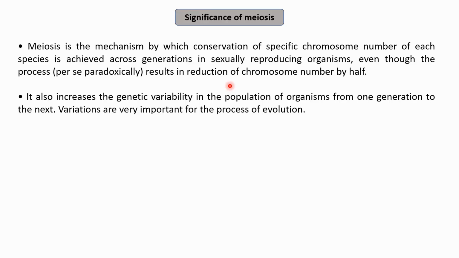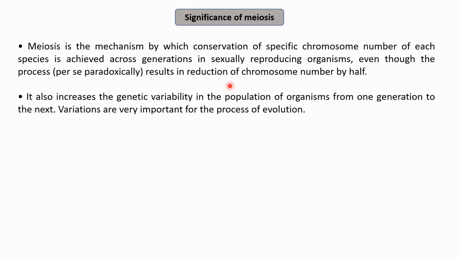Also, in meiosis, the chances of genetic variability increase due to the process of recombination or crossing over that takes place, especially in the pachytene stage of prophase 1. So basically, it also increases the genetic variability in the population of organisms from one generation to the next.